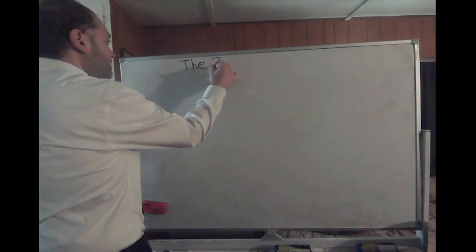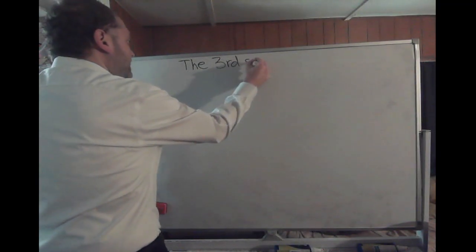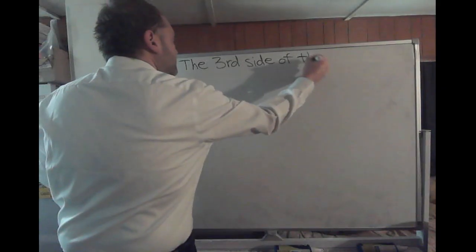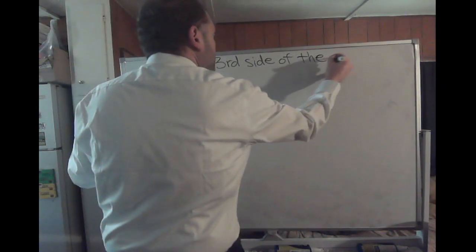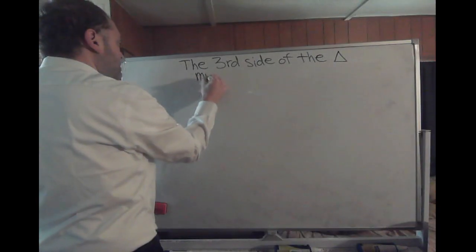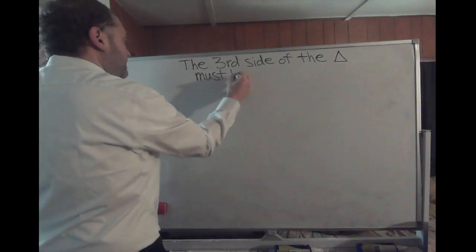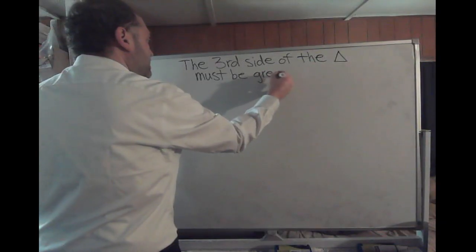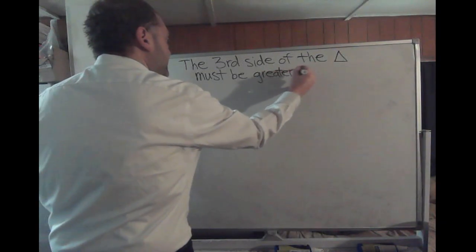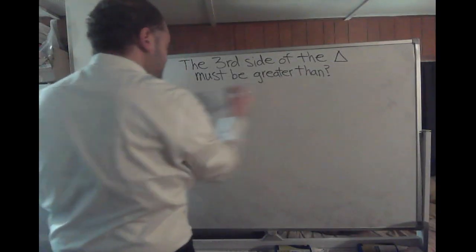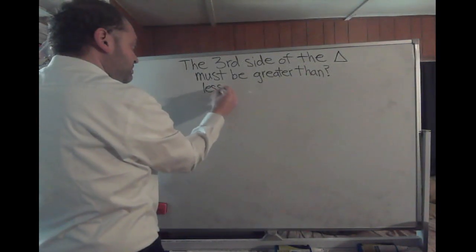The third side of the triangle must be greater than, and then less than.